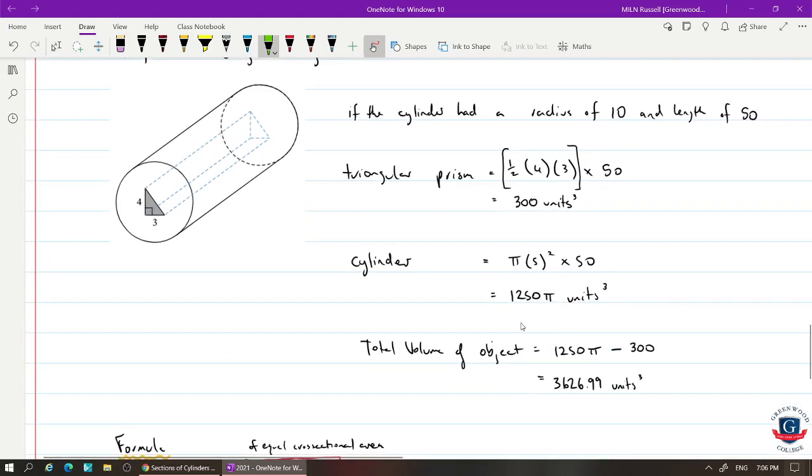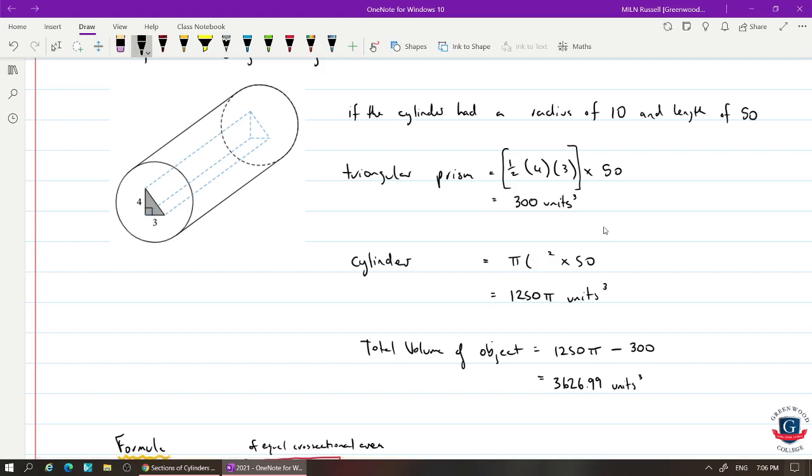Then we can work out the volume of the whole cylinder as if there wasn't a cutout. So we've been told here the radius is 10. I'm not quite sure why I've put a radius of 5 in there, so I'll just fix this up while I'm here.